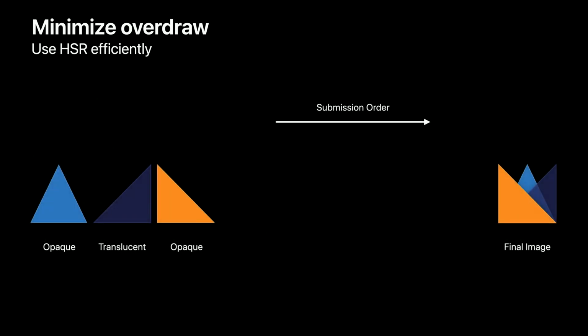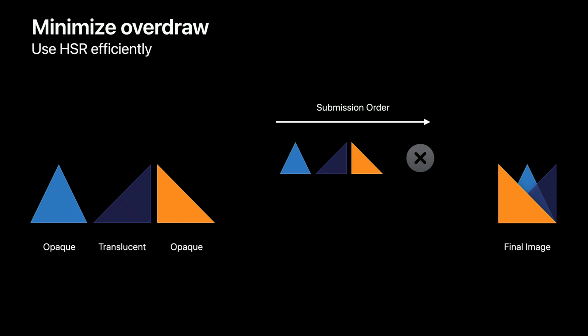So let's review this with an example. This time we want to draw the same triangles as before, but with a different order. The translucent triangle is now in between the other two. If we just submit back to front, we will mix different visibility states. In this case, interleaving opaque and non-opaque primitives is inefficient.